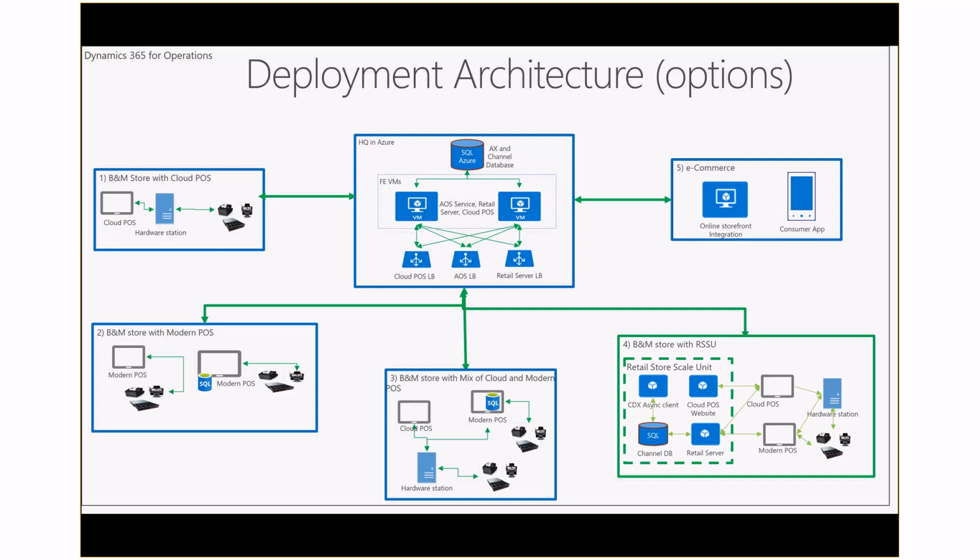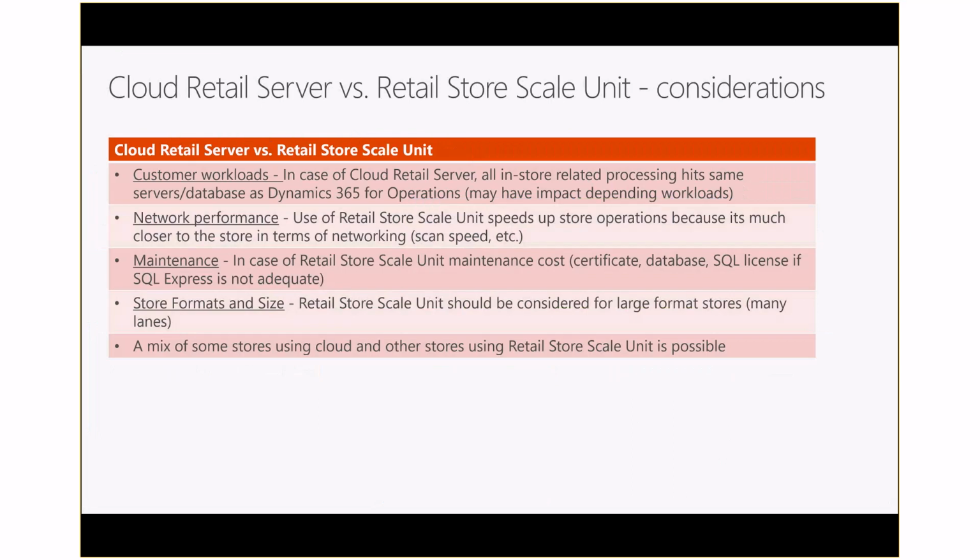With each of these architectures, there are various considerations in the implementations that we need to use to choose the right architecture for the customer. So we wanted to dive into each of these considerations and look at what factors and what requirements would determine the right architecture for the customer.